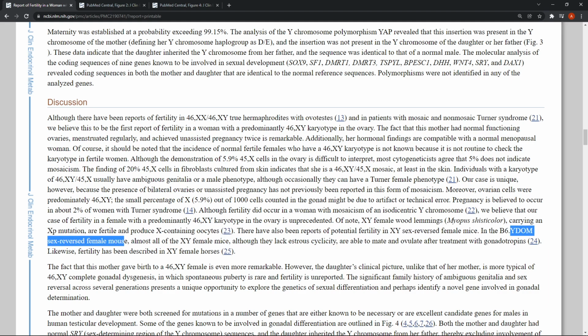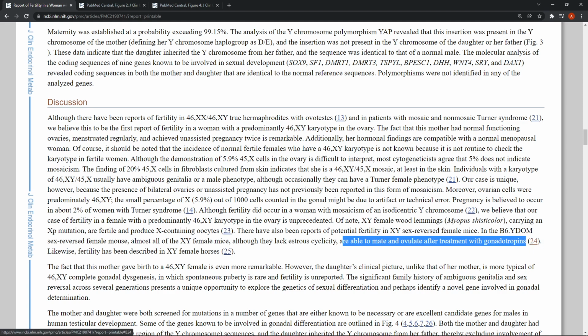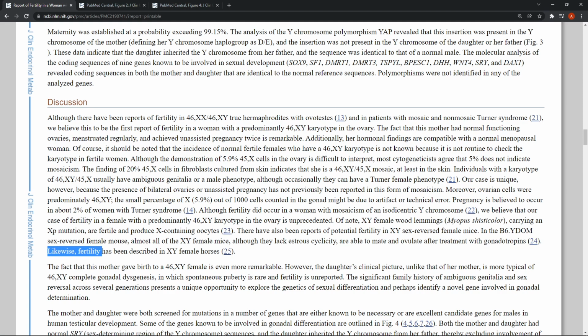Y-DOM, sex-reversed female mouse, almost all of the XY female mice, although they lack estrous cyclicity, which means they don't go through heat, are able to mate and ovulate after treatment with gonadotropins. So when the researchers treated these mice with normal hormones, they were able to go through normal reproduction cycles. Pretty cool. Likewise, fertility has been described in XY female horses.